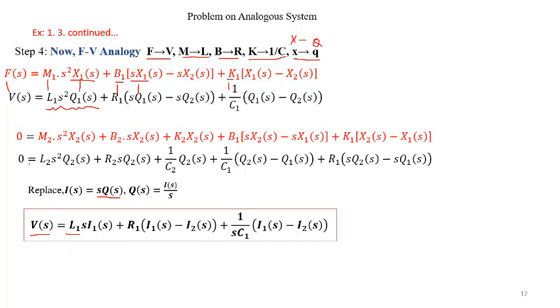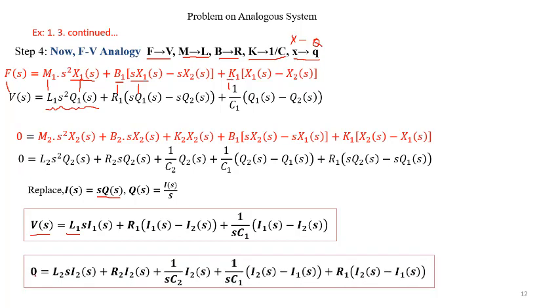Next, similarly we have to do it for this below equation. So what we get? We get 0 equal to L2 S into I2 of S. This is S into Q2 of S, that will be replaced by S into I2 of S. Then R2 S into Q2 of S is R2 I2 of S. Then here Q2 of S will be replaced by I2 of S by S, so S is taken out.